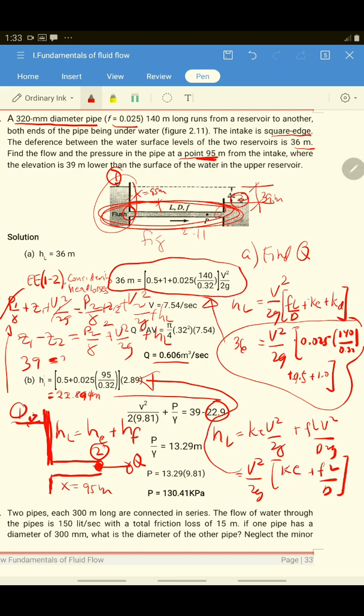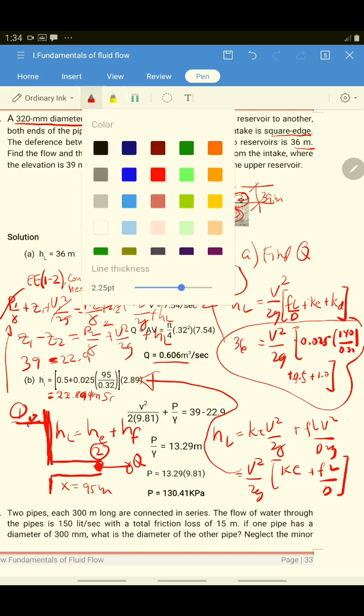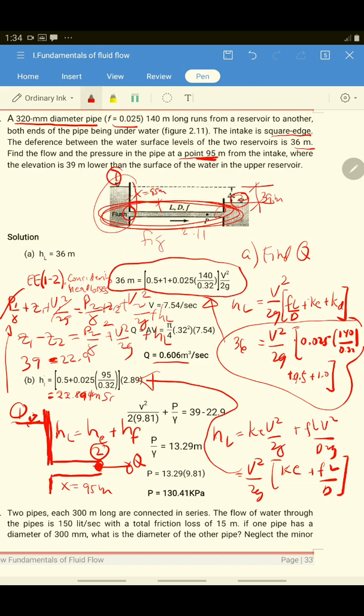The book has 22.894, so say 22.9 meters, because we will use the values of the book.